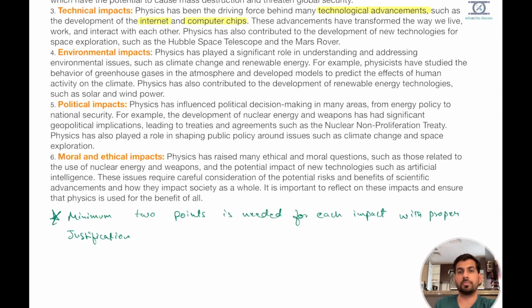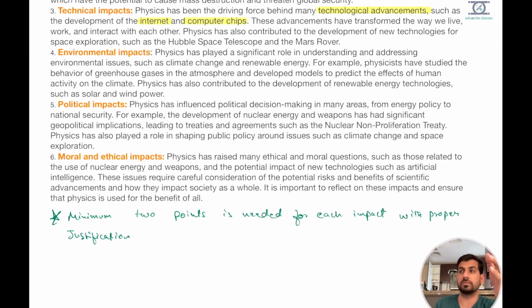So you have to mention how that particular change or decision or the subject of the question is impacting the environment as a whole, now with a proper justification of why you consider that as an environmental impact.